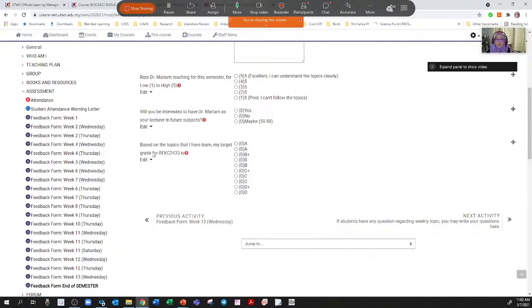Okay, no problem. And based on the topic that I have taught, what is your target grade? I know that when you fill in the teaching evaluation form, you were asked what your target grade was. I actually didn't know that students actually fill in that. So what is your target grade, so that I can estimate? Make sure that target grade is based on if you study now and target to get good grades for this subject.